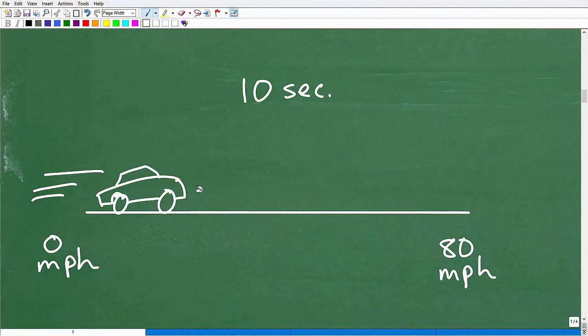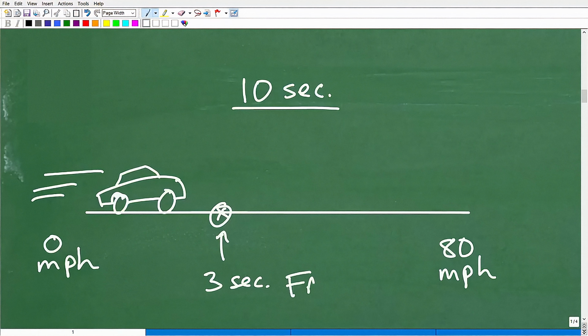Accelerating car. So if I said, all right, from 0 miles an hour to 80 miles an hour, and it does this in 10 seconds, how fast is this car going at 3 seconds? At 3 seconds into its acceleration, how fast is it going?